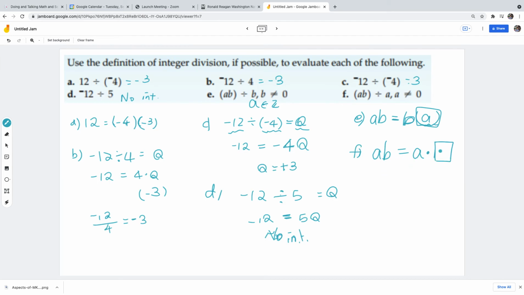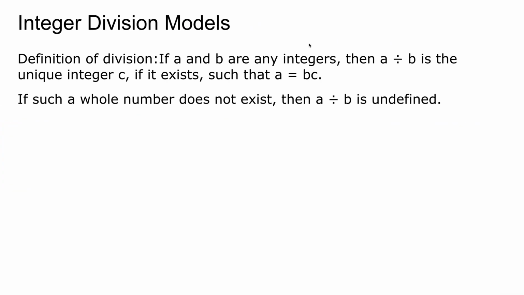Yeah, AB is A times B, and B should also be an integer. So in this case, B, where B is also an integer. Sorry for my writing here, it's not really good today. Okay, anyways, we got them all.